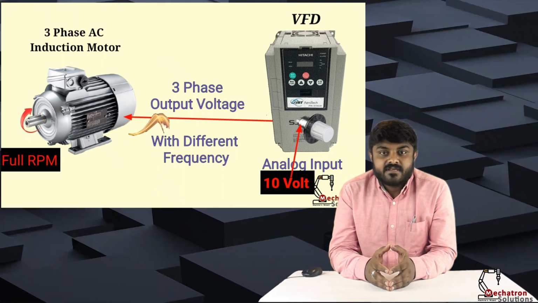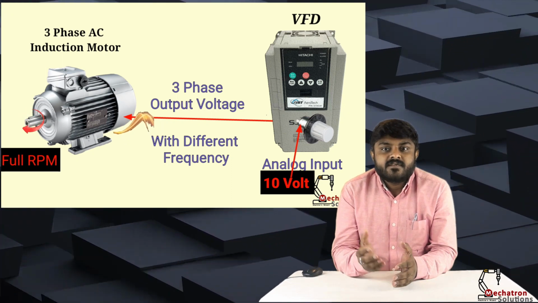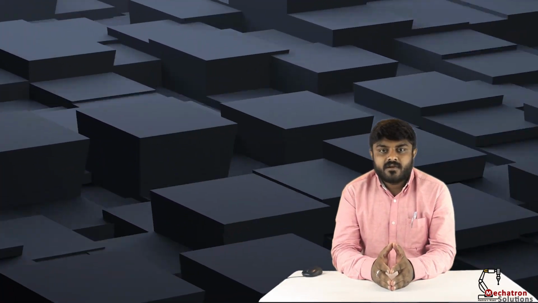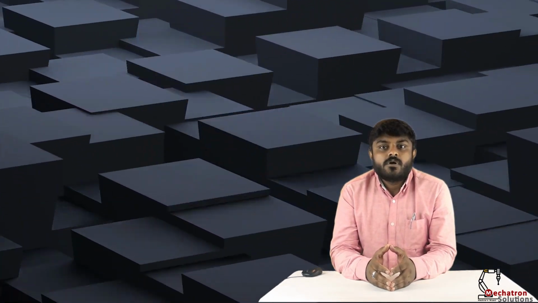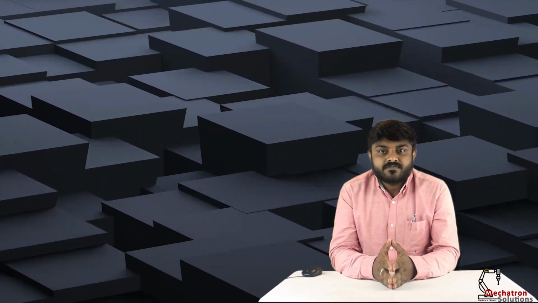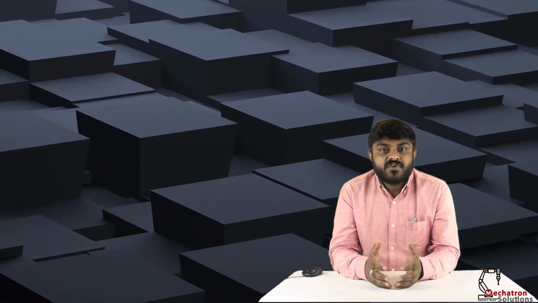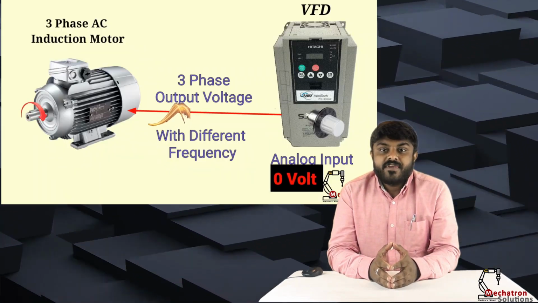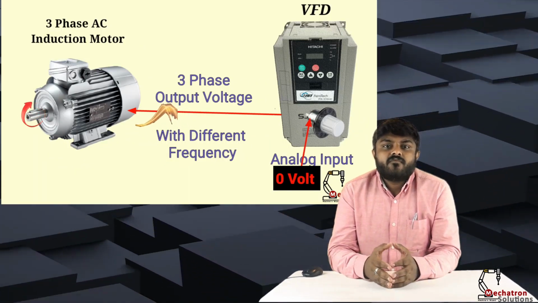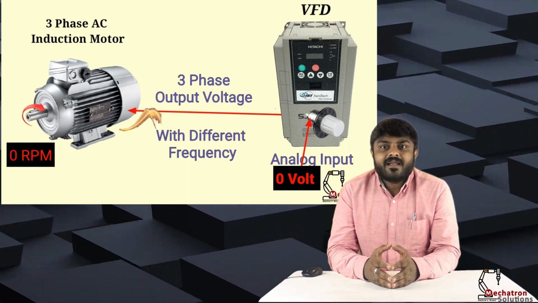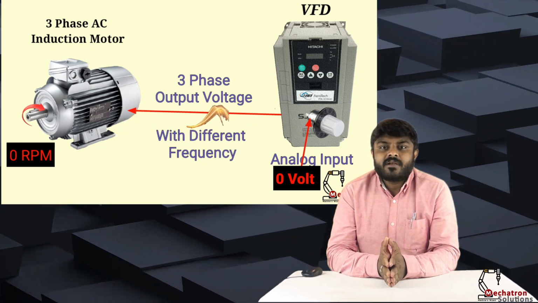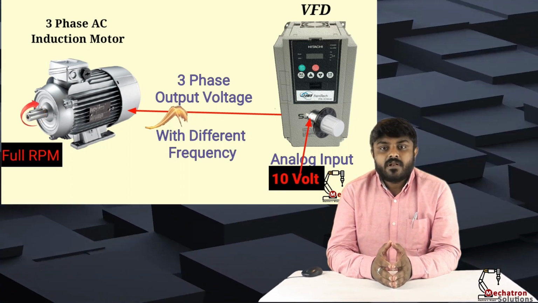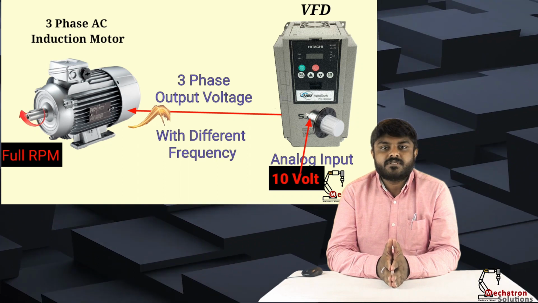In a VFD, there is a facility to take 0 to 10 volt analog input and control motor speed by changing the frequency of the voltage given to the motor. When we apply 0 volt at the VFD's analog input terminal, a 0 RPM command is sent to the motor via the VFD and the motor will not rotate in any direction.